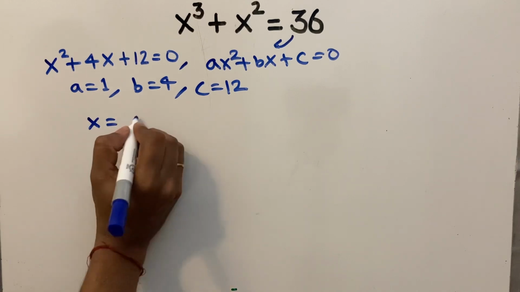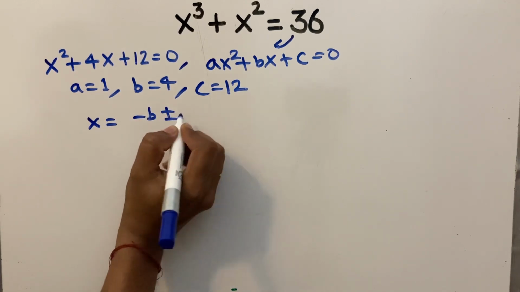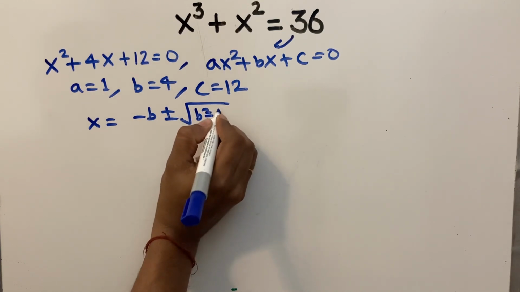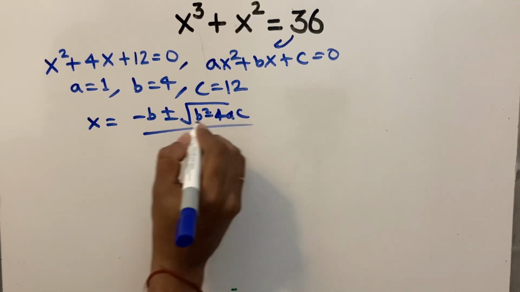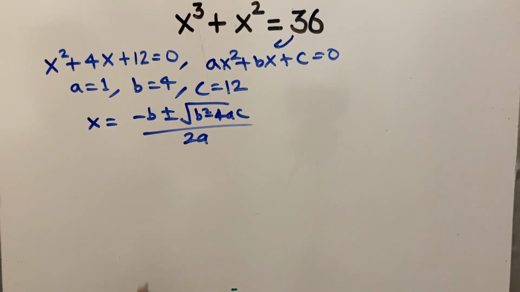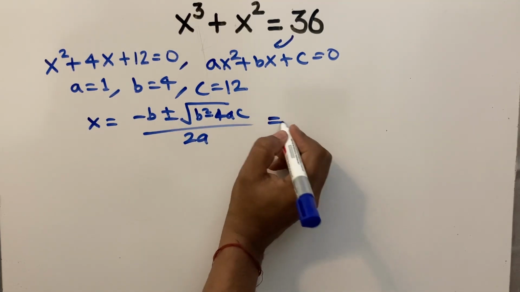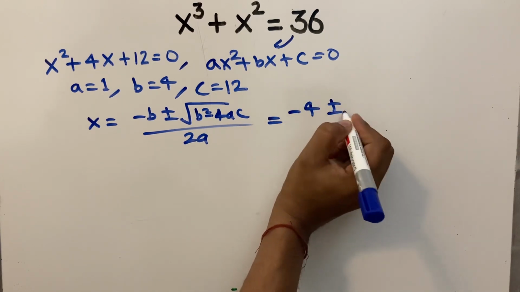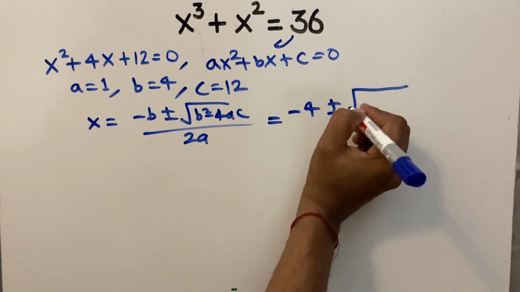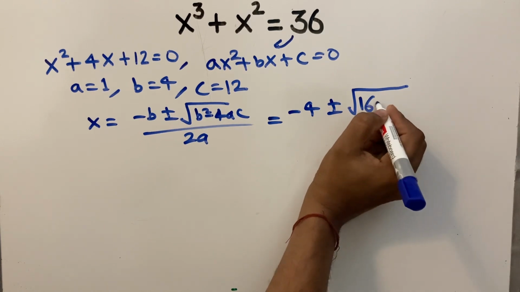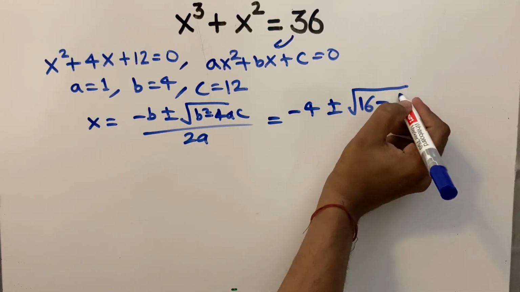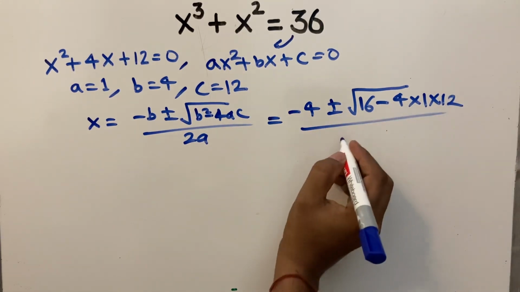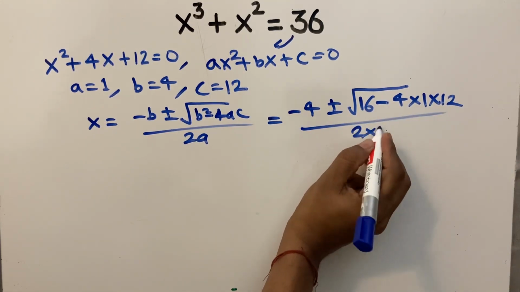x equals minus b plus minus square root b square minus 4ac upon 2a. After putting these values, x equals minus 4 plus minus square root 16 minus 4 into 1 into 12 divided by 2 into 1.